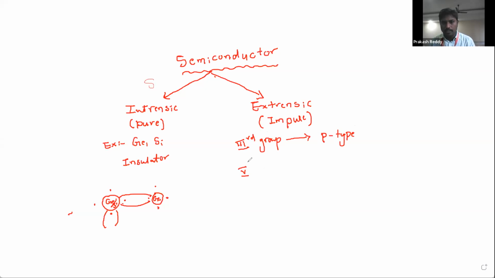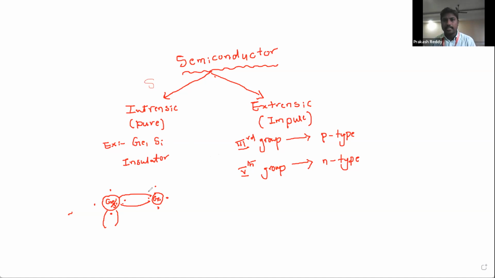When we dope it with pentavalent impurities or fifth group elements, the type of semiconductor is n-type. Already we discussed this in the previous classes before the holidays. In the same way, we find the intrinsic carrier concentration and extrinsic carrier concentration also.